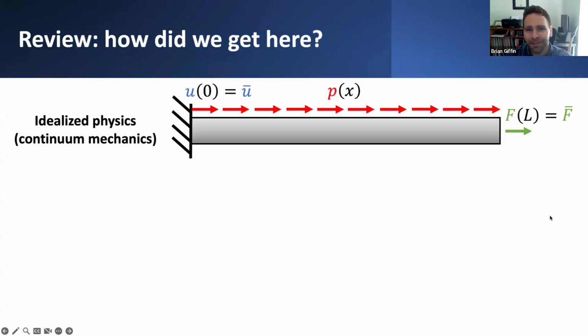If you remember, we started the class talking about solving boundary value problems, which we'd set up by making some key assumptions about the physical behavior of some idealized structures in one dimension, where we might have some end loads and some distributed loads and boundary, support conditions that we can impose on a structure.